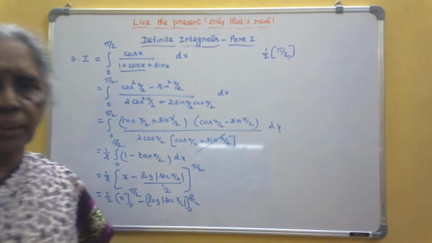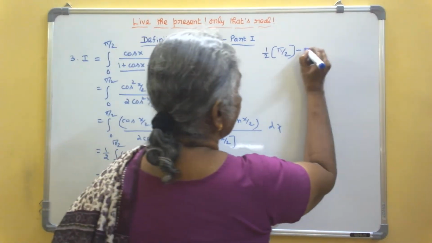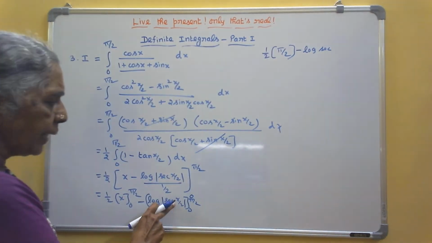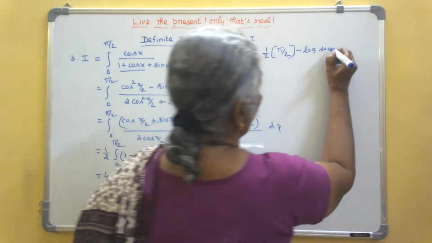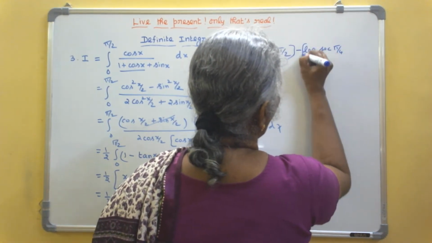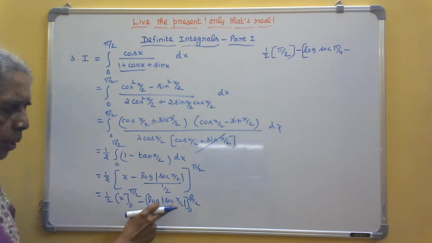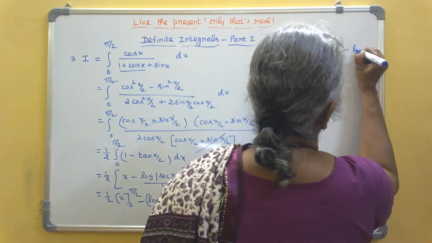That will be the first term. Coming to the second term, that is minus log secant x by 2. So pi by 2 by 2, that will be pi by 4. So secant pi by 4, then minus lower limit, it is 0. So 0 by 2 is 0. So log secant 0.